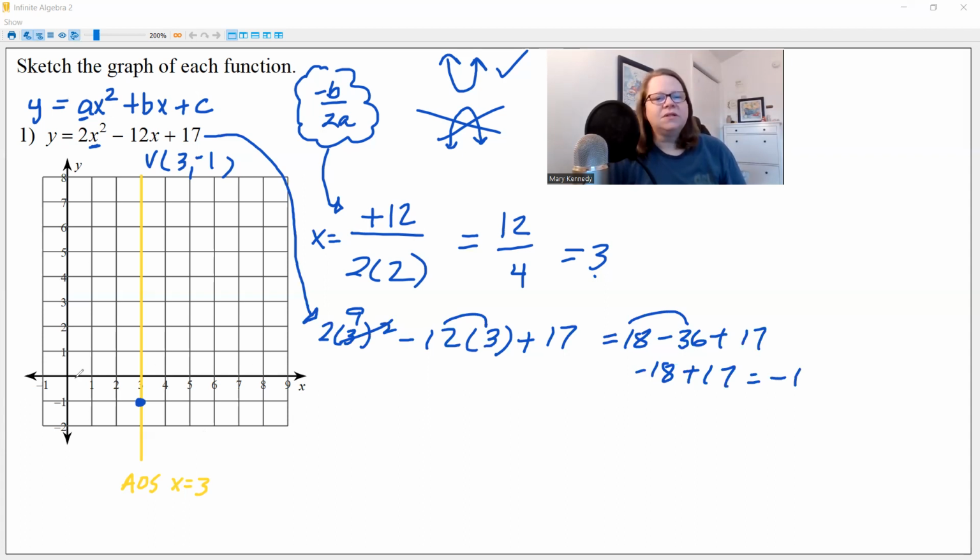So there's a couple of ways to sketch the rest of this graph. And I'm going to use something that I haven't really done in the past. I'm going to pick 2 easy points that are close to this vertex on the x-axis. So for this, I'm going to pick 2 and 1.